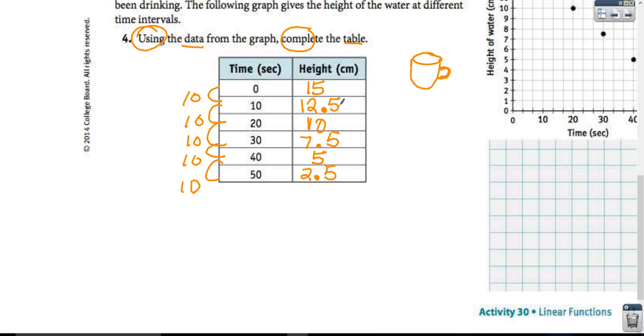Oh, nope, I'm wrong. So if I do 15 minus 12.5, I get 2.5. If I do 12.5 minus 10, I get 2.5. If I do 10 minus 7.5, I get 2.5. If I do 7.5 minus 5, I get 2.5. And if I do 5 minus 2.5, I get 2.5.